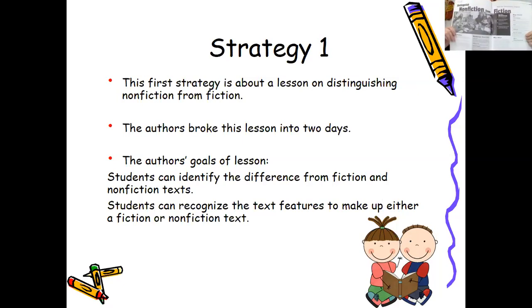So I'm just going to go ahead and show you a picture first. So like I said, we're doing the first lesson, and it is a lesson on distinguishing nonfiction from fiction. And this lesson is actually a 2-day lesson. You can't do it in 1 day according to the authors.